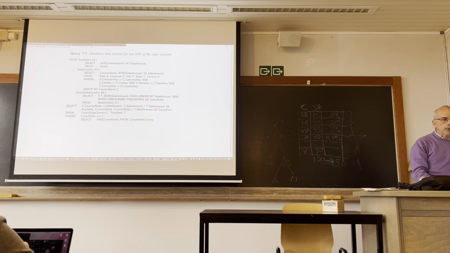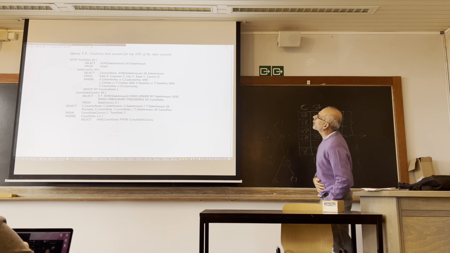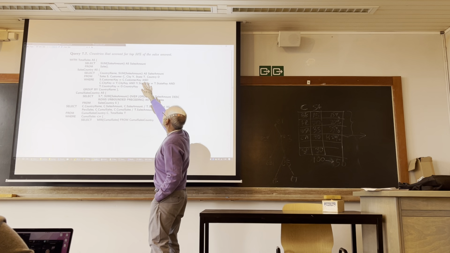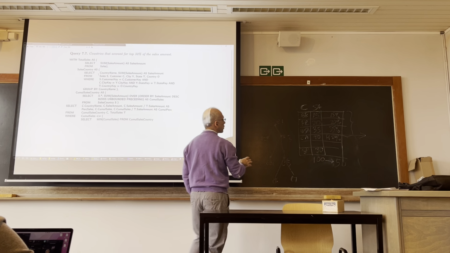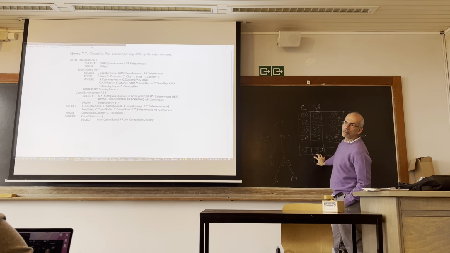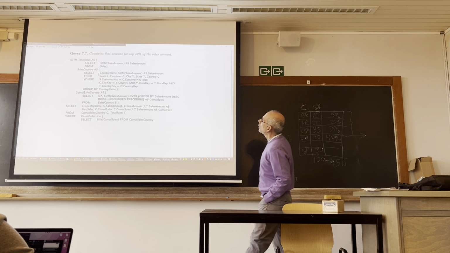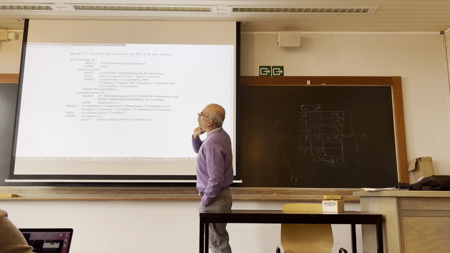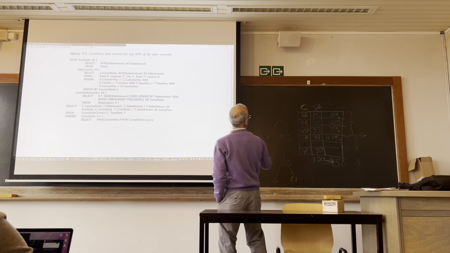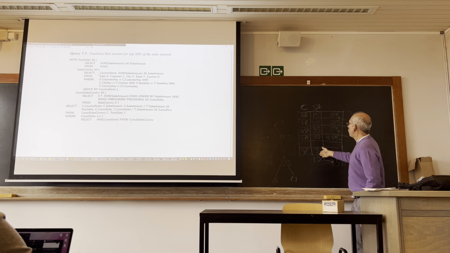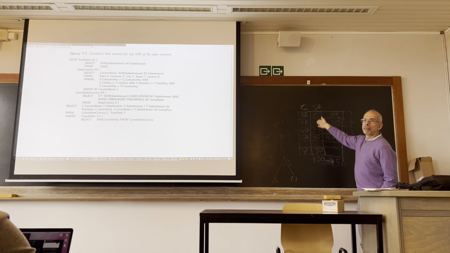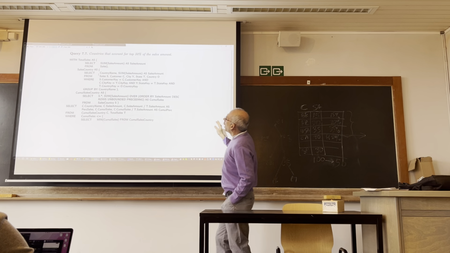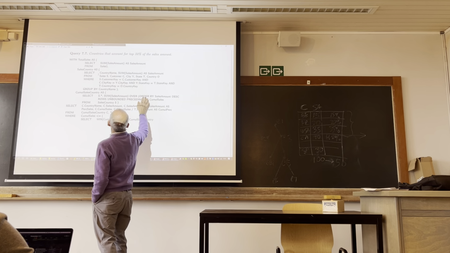Countries that account for the 50% amount, this one we already said. Total sales, we computed here, then sales by country, so basically this row, and then cumulative sales by country.